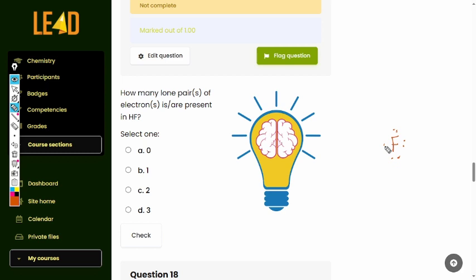So there's only 1 unpaired electron, and that's where hydrogen bonds to here. The number of lone pairs are the pairs of electrons that are not bonded. So we have 1 here, 2, and then 3 here. So there are 3 lone pairs of electrons here, and the 4th one is bonded to something else. So the answer is B.